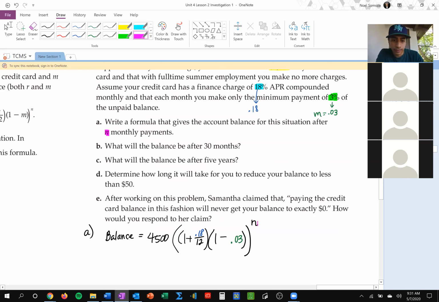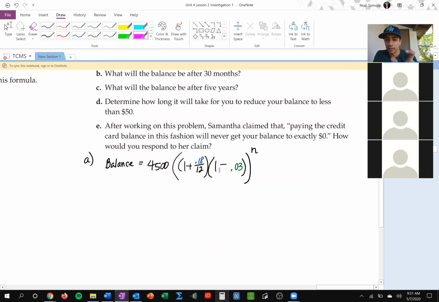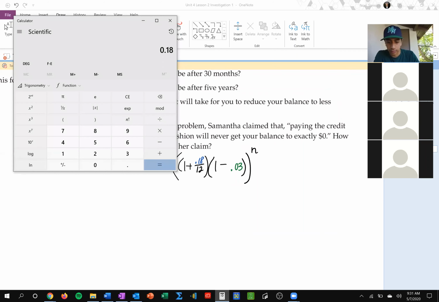All right, let's see if we could simplify this a bit, because this could turn out to be something that is a little bit cleaner. We have a lot of terms here, and it would be kind of a pain to do this over and over. So let's see if we can clean this up. If we took 0.18 and divided it by 12, that gives us 0.015.